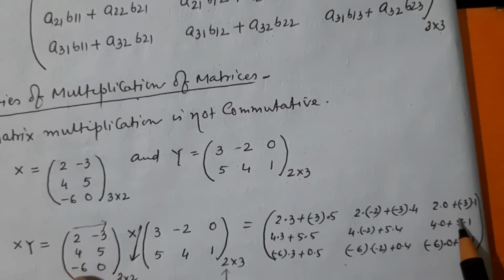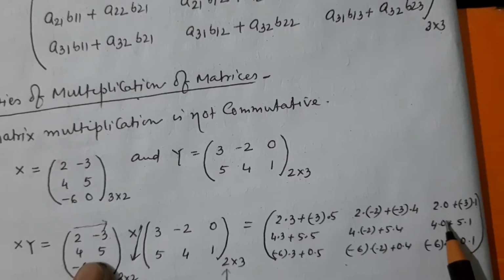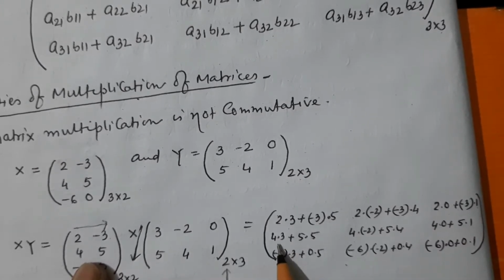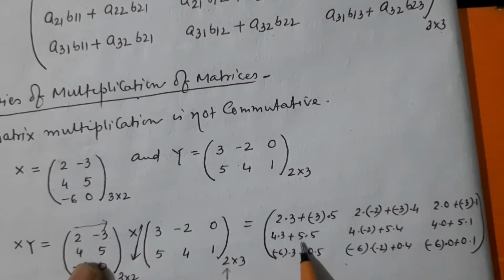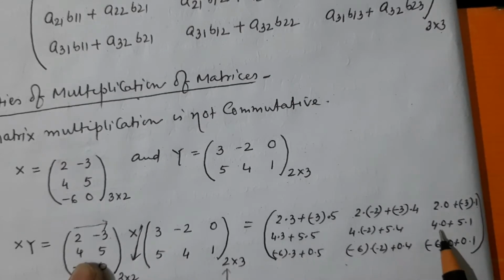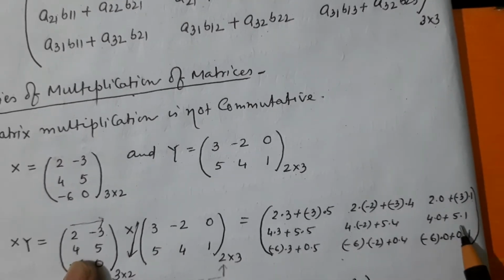Similarly, the second row of the first matrix multiplied with each and every column of the second matrix gives 4 into 3 plus 5 into 5, 4 into minus 2 plus 5 into 4, 4 into 0 plus 5 into 1.